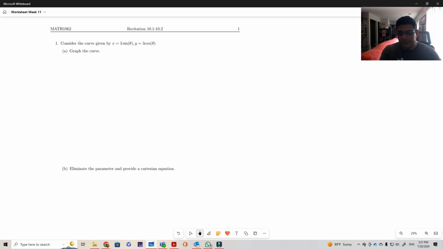It's much easier to see this shape by eliminating the parameter, which is what the second question asks. So it says eliminate the parameter and provide a Cartesian equation.